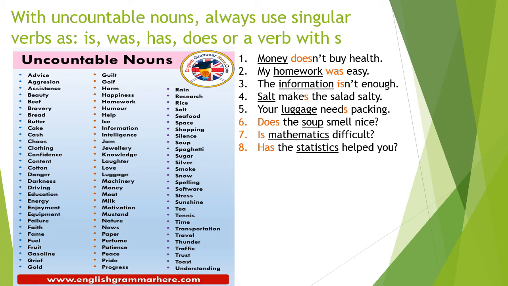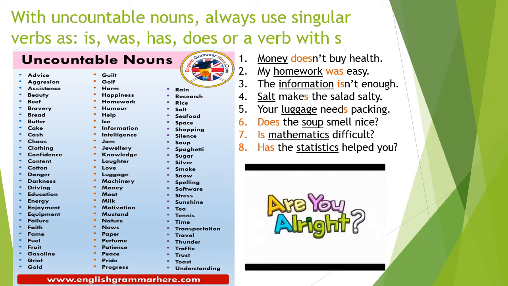We never say informations. The information isn't enough. Salt makes the salad salty. Your luggage needs packing. Does the soup smell nice? Is mathematics difficult? Has the statistics helped you? So, the underlined words are the subjects and the ones in orange are the verbs. So whenever you have any of these words or uncountable nouns, use a singular verb.